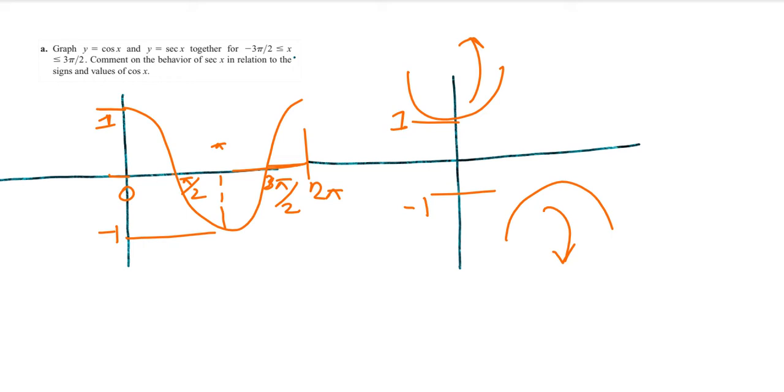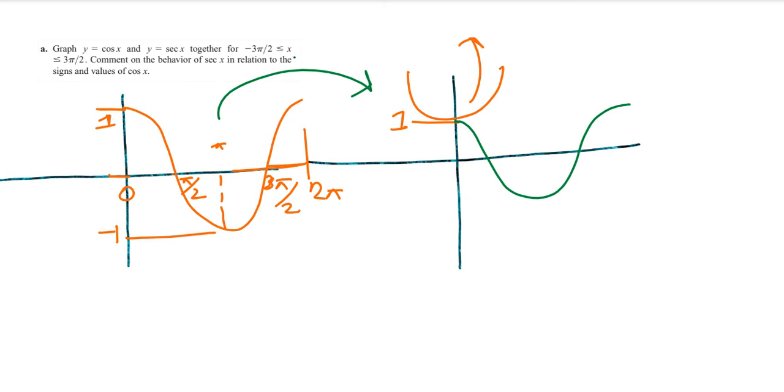So we have to merge these two graphs along one of the graph. Okay, you have to adjust it according to this, and check out the values.